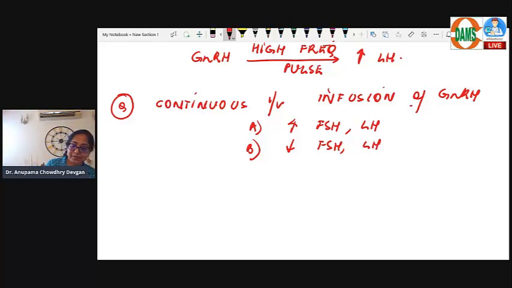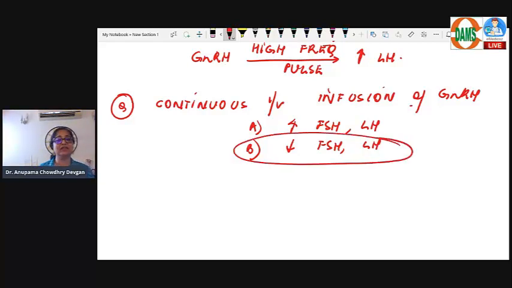In fact, continuous IV infusion will reduce FSH, LH. Remember, GnRH has to be secreted in a pulsatile fashion, not a continuous or steady level.